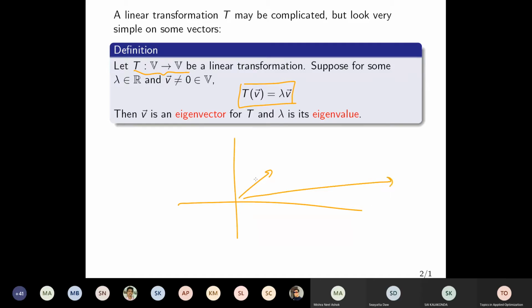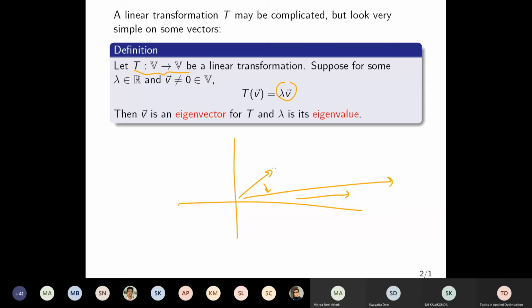It can do some rotation, some elongation, and so on. So a linear transform can do arbitrary things, but in some of the simplest cases, what it can end up doing is only a scalar multiple. That is a very simple thing.